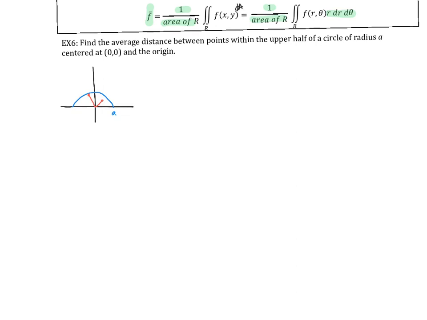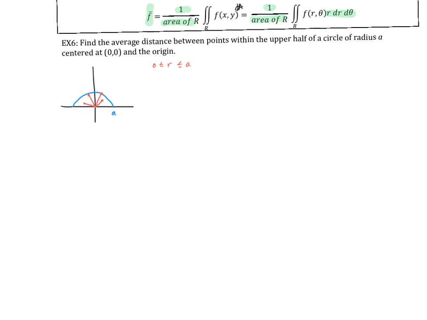So when you look at these distances from any point in the half circle to the origin, that's just a distance r. So my r values are going to go from 0 to, I could have a point on the half circle, which would be a.